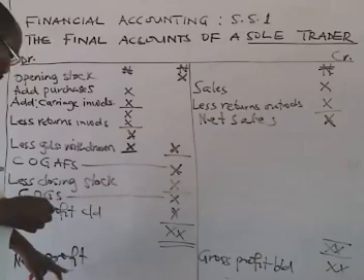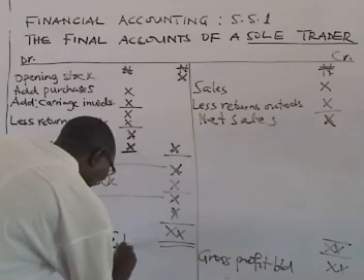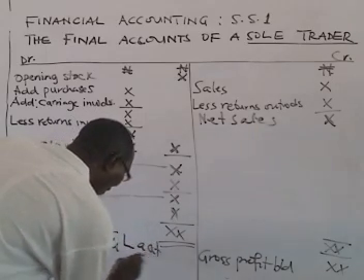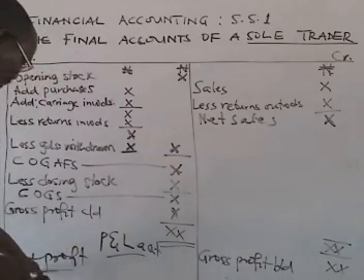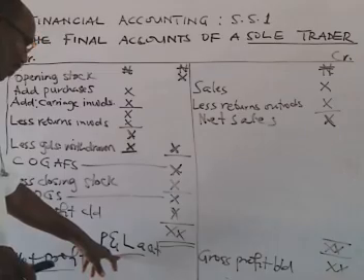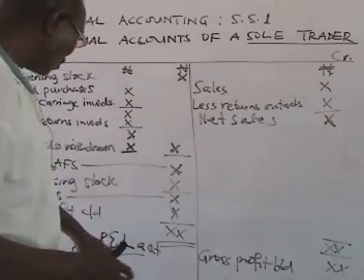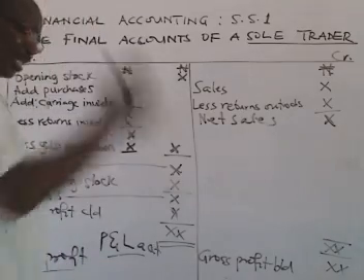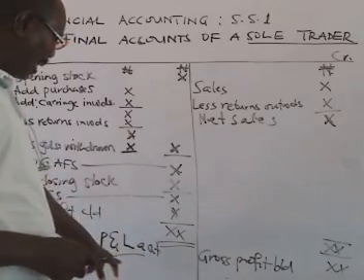Take note, we prepare the P&L account so as to get our net profit. Net profit here is the profit derived from the P&L account prepared. When preparing this account, you must take note of all the expenses incurred by the owner of the business.